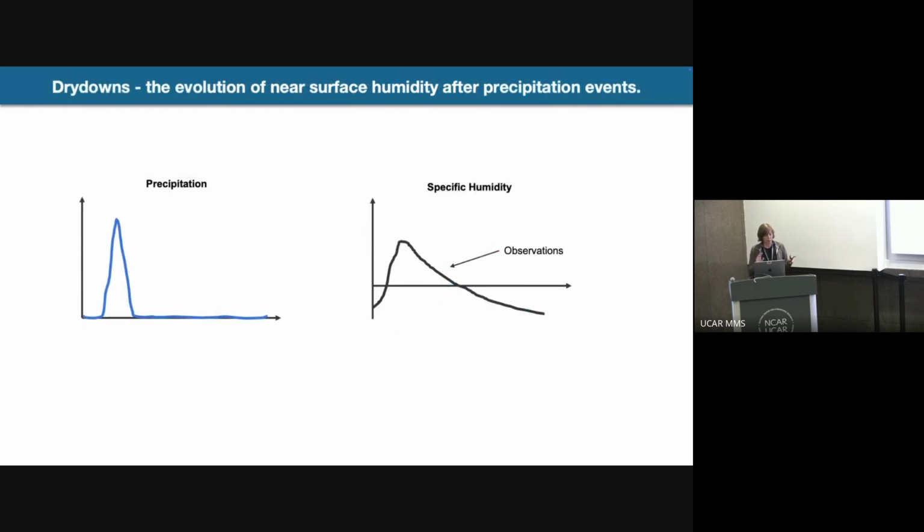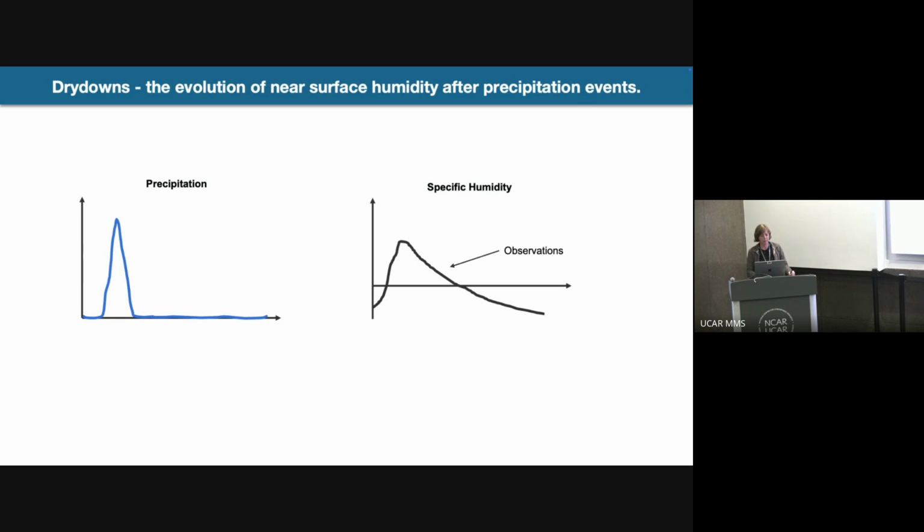Then I was a bit worried that with all these metrics, are we just looking at weather bringing in moisture and rain together, and not really telling us about what the land is doing? So maybe a more traditional metric to look at is how things vary after it's rained, so dry down events.